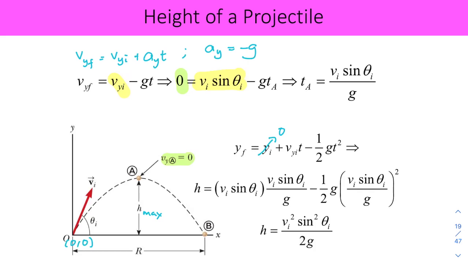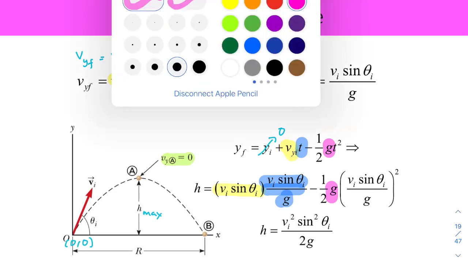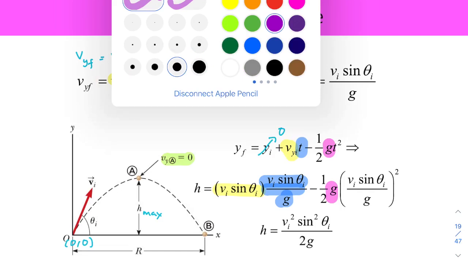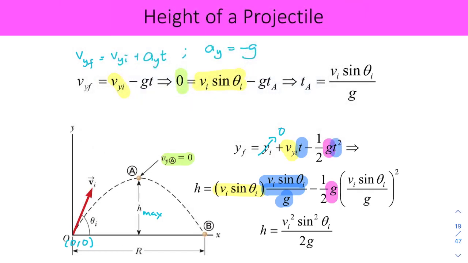And then this is your Vy, this is your T, and then this is your original g as the Ay, and the whole bulk of this is T again. So this is your T, right?